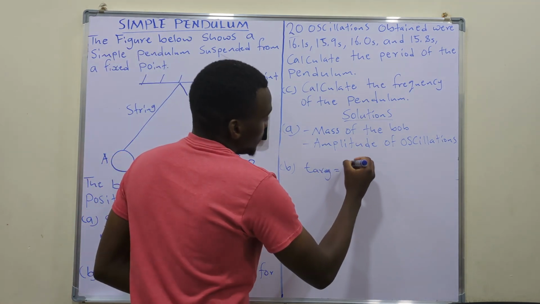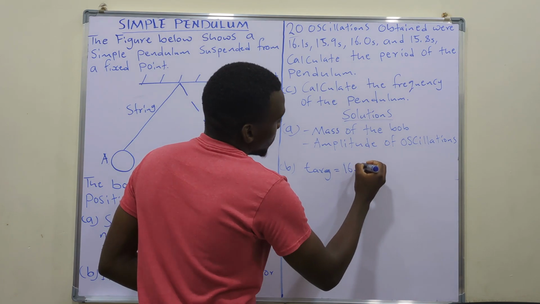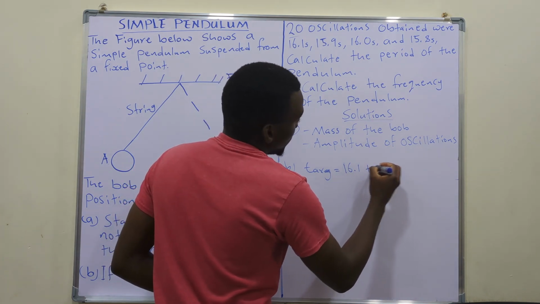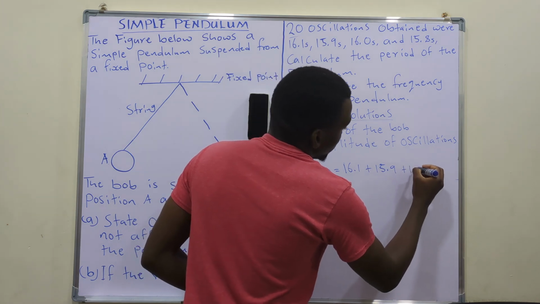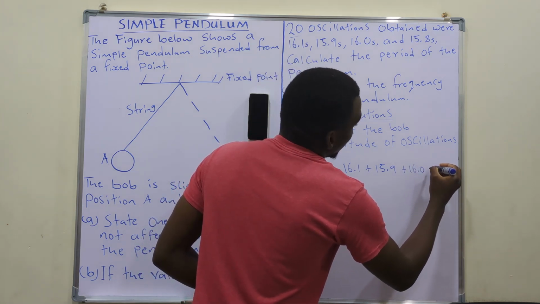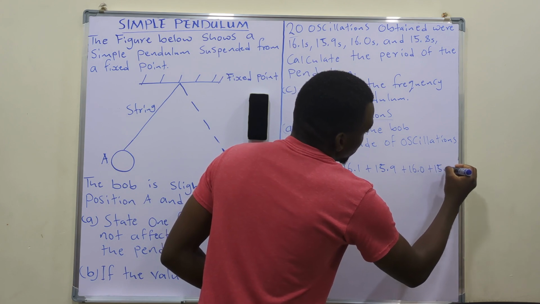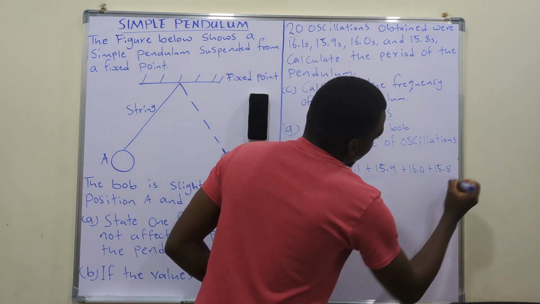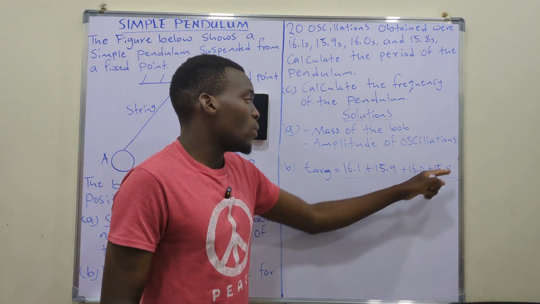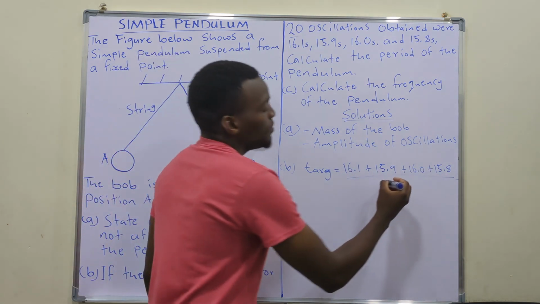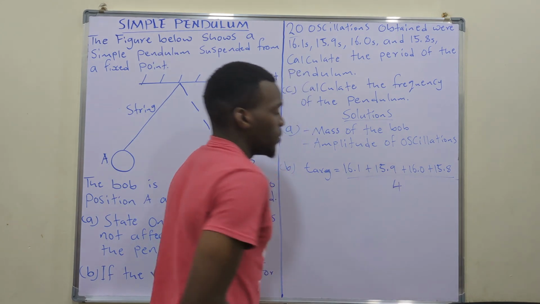So we have 16.1, plus 15.9, plus 16.0, and then plus 15.8, and then divide this by the number of times. So there are 1, 2, 3, 4. There are 4 of them, so we divide by 4.